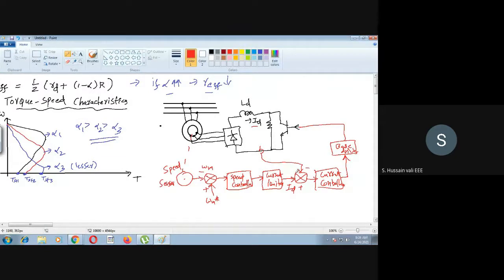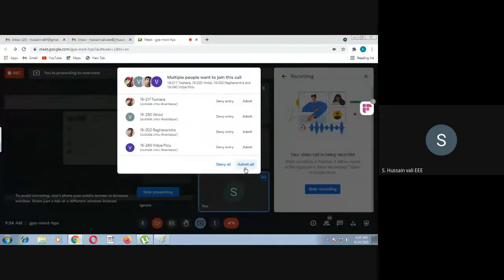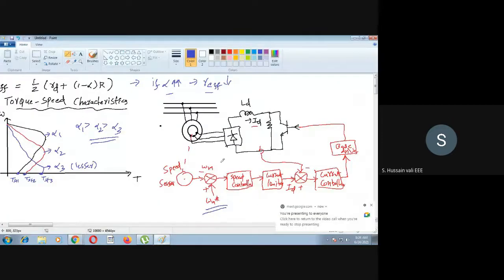Now you see here, first you set some speed. This is omega m star. Then the actual speed you will sense using a speed sensor. That speed and this reference speed both will be compared. Now some error will be there. If there is some error, this controller will act. Then this controller will send a signal to the current limiter.